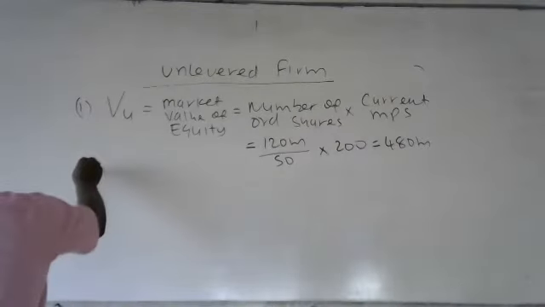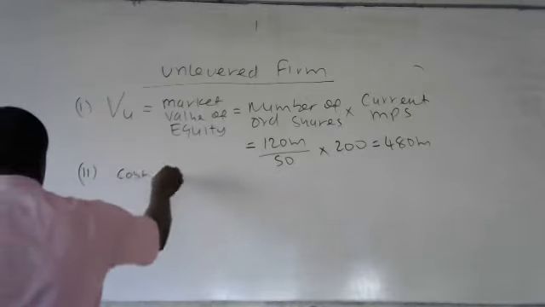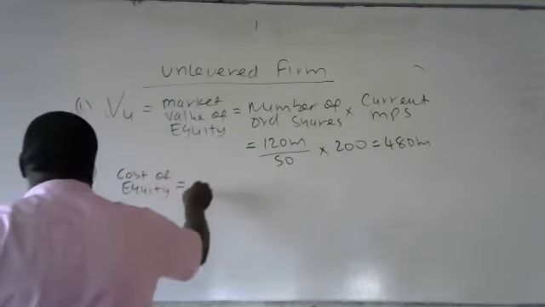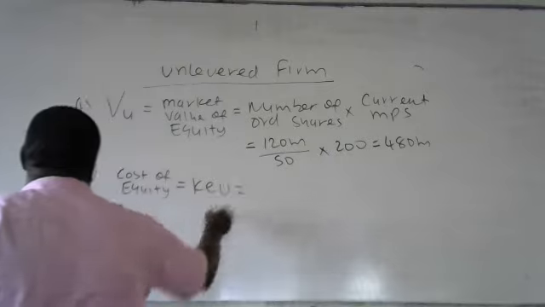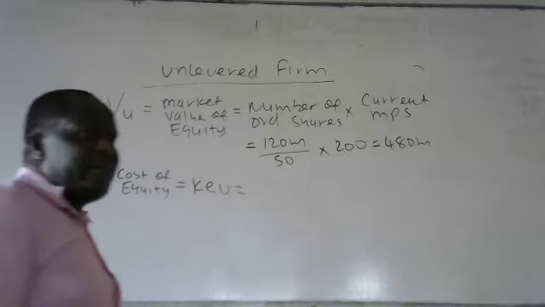Roman letter 3, you get the cost of equity. The cost of equity is now our KEU because the farm is unlevered.